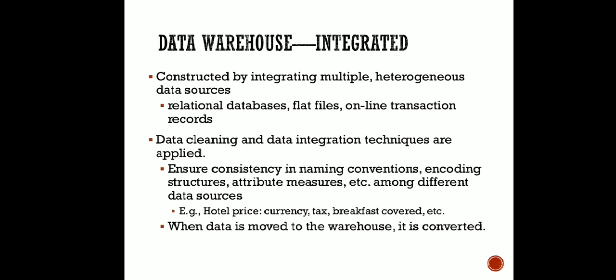So we have learned that it should have the same type of naming concept, the attribute measurement, it should have consistency, it should follow a proper scaling, right? So we have learned all these things. Whenever we integrate data from different sources, the data can be of different types. Some source can provide the data in the form of a relational database, some can be data of online transaction records, some can be anything.